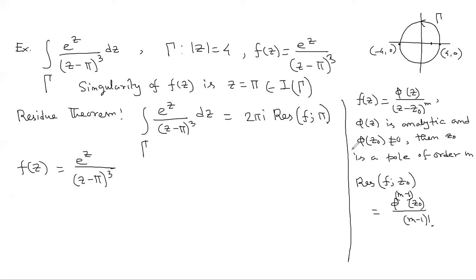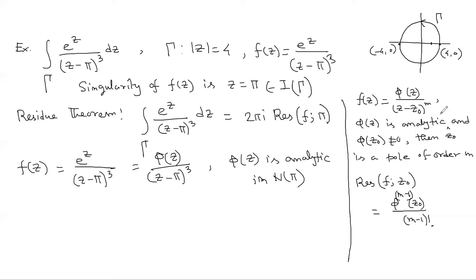So if we use the result over here, we'll see here our phi z is e power z, where phi z is analytic in the neighborhood of z0, that is pi, and phi of pi is equal to e power pi, which is not equal to 0.